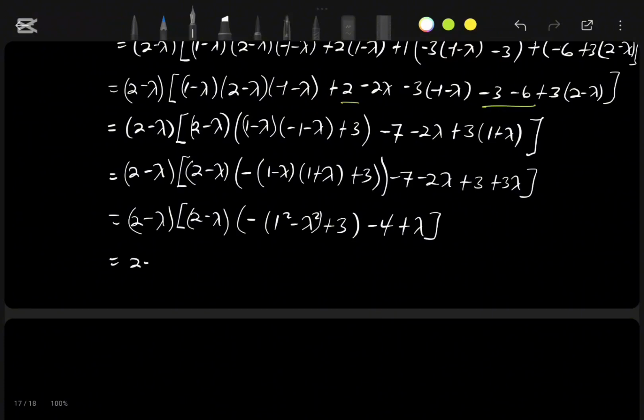Okay, so you have 2 minus lambda, big bracket, we have 2 minus lambda again.